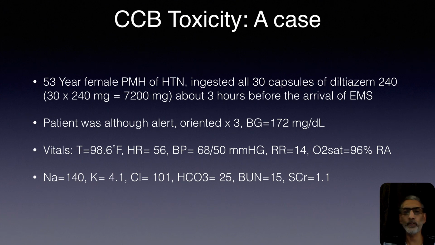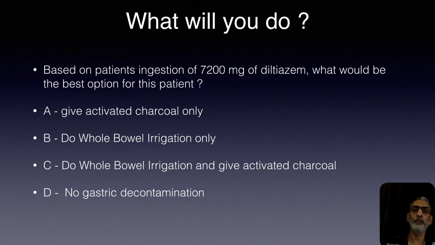When brought in, she was alert and oriented, blood glucose 172 milligram per deciliter, temperature 98.6, heart rate 56, blood pressure 65/50, respiratory rate 14, oxygen saturation on room air 96%, sodium 140, potassium 4.1, chloride 101, bicarbonate 25, BUN 15, and serum creatinine 1.1.